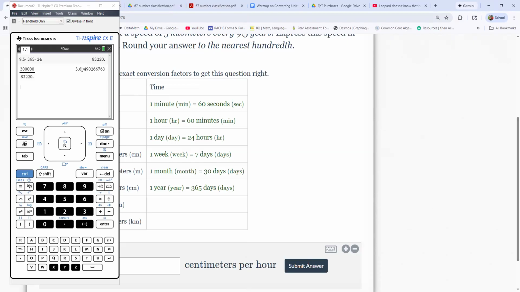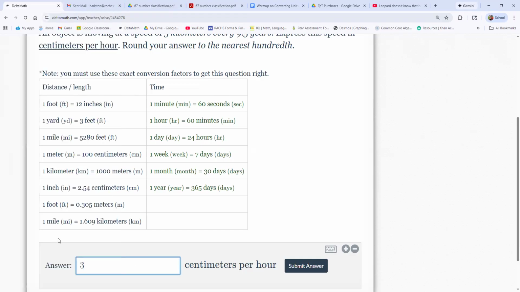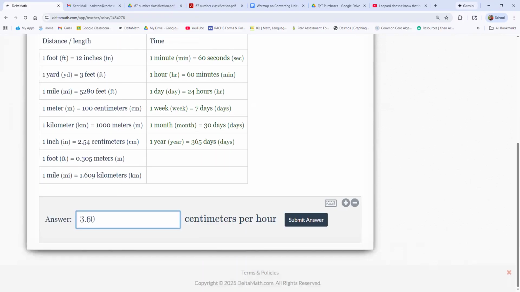So you go 3.60, the zero is in the hundredths place, you look to the right. If it's 4 or below, let it go. So it's going to be 3.60. So get rid of the calculator. 3.60 centimeters per hour. And then we submit it.